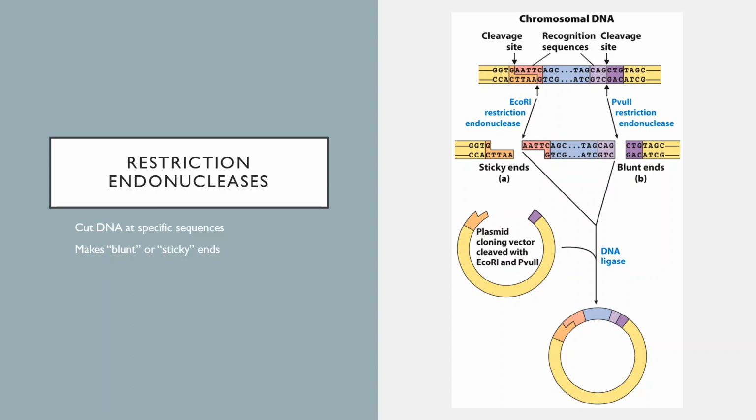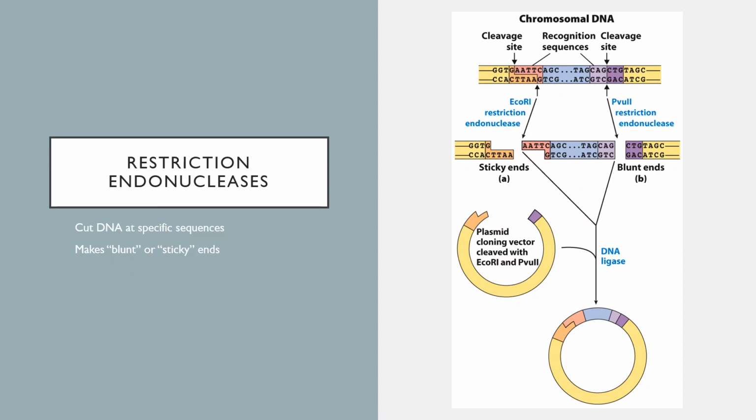And we call them restriction endonucleases because the way bacteriophages are studied is you grow a plate of bacteria and then you put the bacteriophage on top of the bacterial host and let the virus replicate.